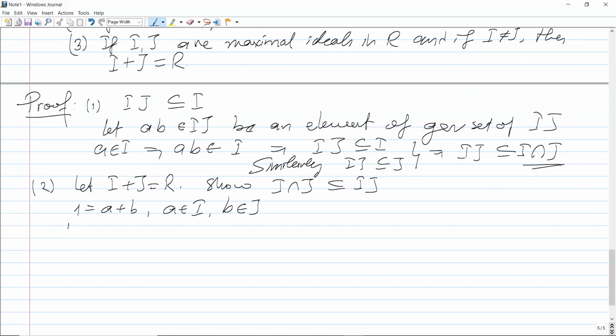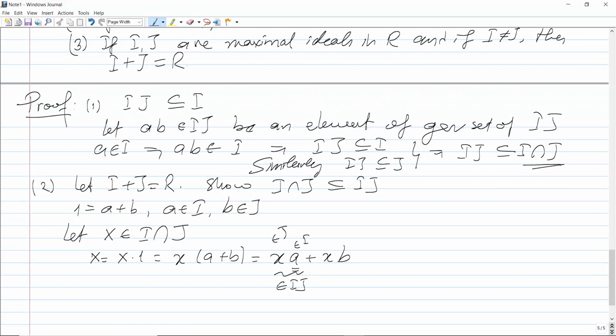Now let X be an element in both I and J. Then we can write X as X times 1, which is X times A plus B, or X times A plus X times B. Now A is in I and X is in J, so this is in the product IJ, and X is in I, B is in J, so this product is in IJ too. So the sum of these two elements is inside IJ.